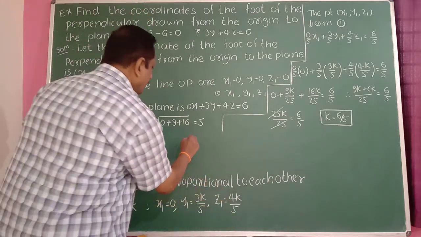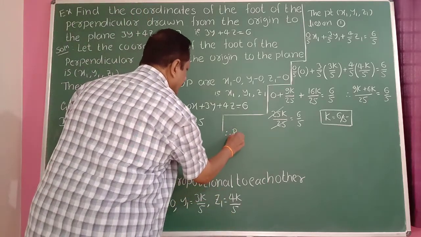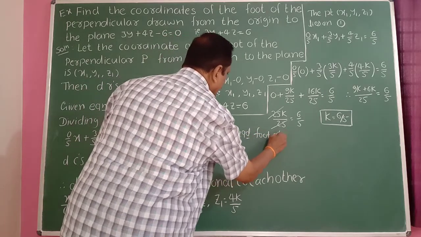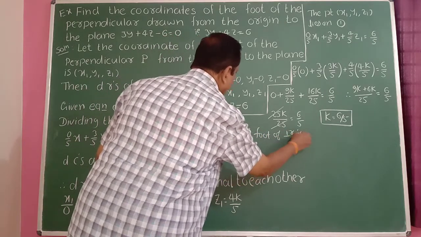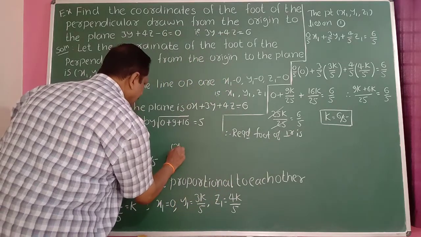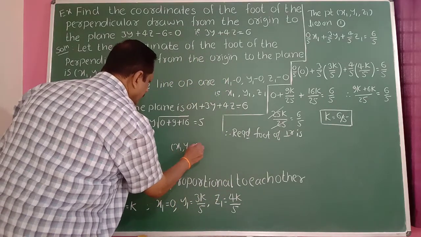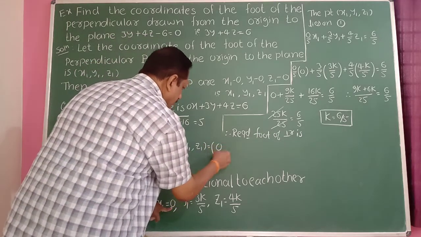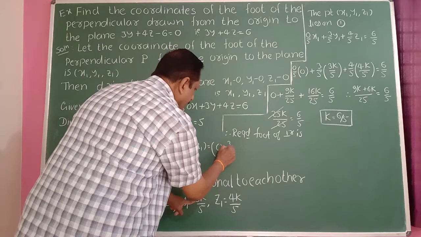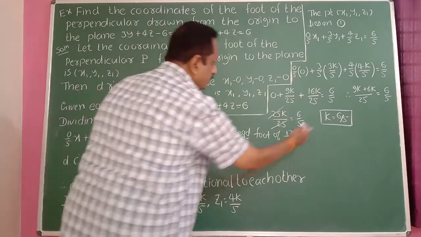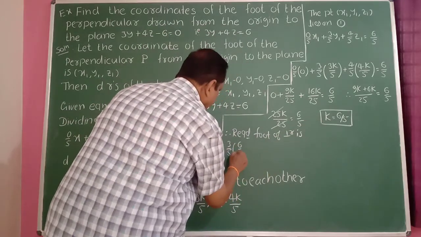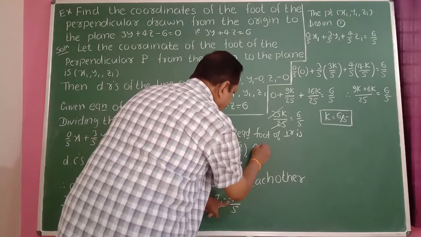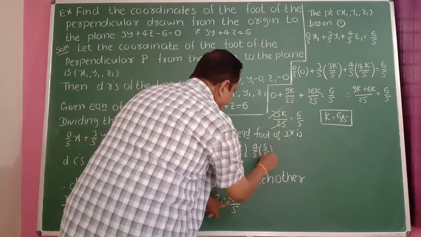Therefore, required foot of the perpendicular is x1, y1, z1 is equal to 0, 3 upon 5 into 6 upon 5, comma 4 upon 5 into 6 divided by 5.